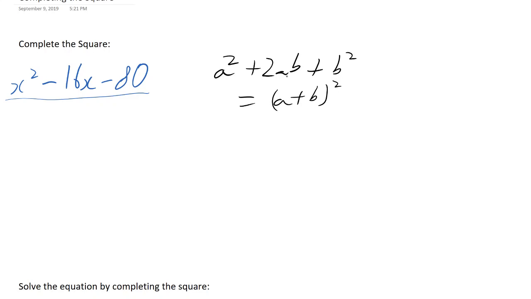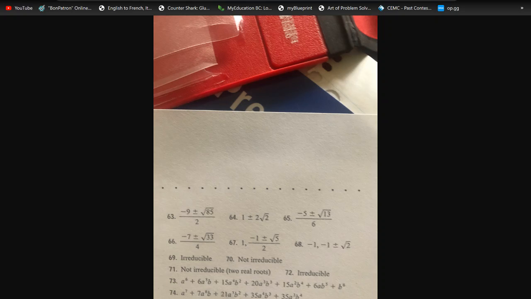So the way to approach this question, we keep the x squared minus 16x, and for now we're gonna ignore this 80.